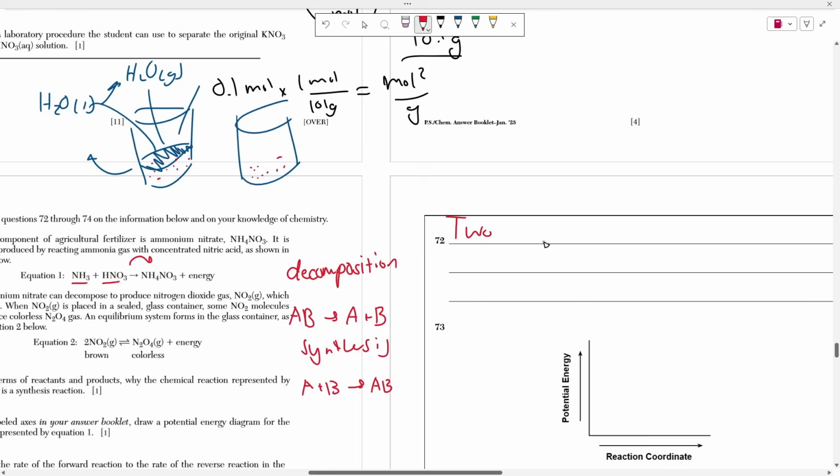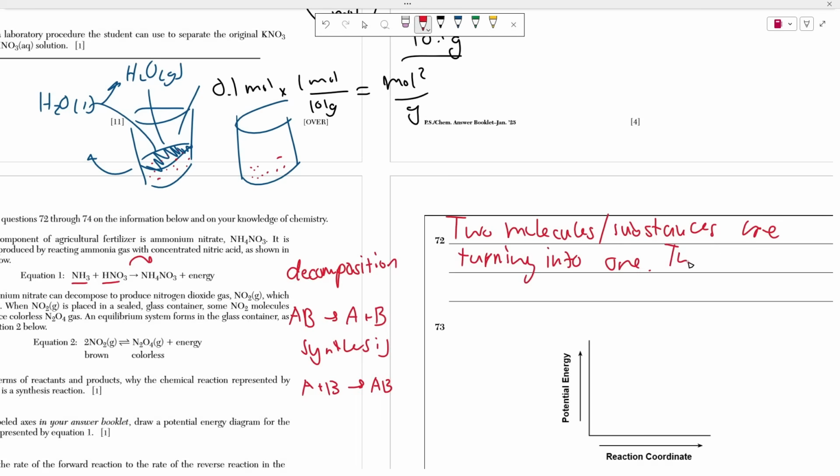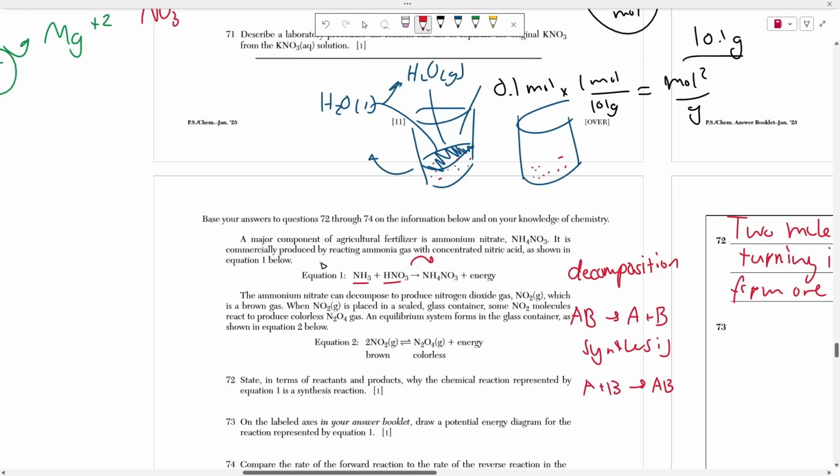You have two molecules or substances that are turning into one, or two molecules form one product or one molecule, right? Anything that just says that two things are combining into one will get you full credit here.